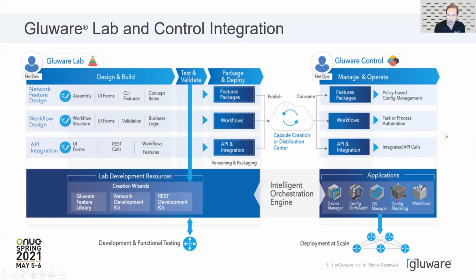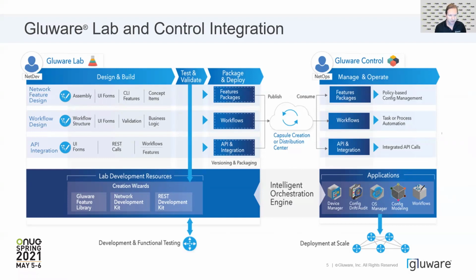So again, Gluware Control is delivered as a platform. You could have an instance running in your lab and you could have instances running in production. Those instances are connected to a distribution center, essentially a place where software packages can be published and then consumed. And the way those software packages are built is in Gluware Lab. So Gluware Lab is a rich IDE.